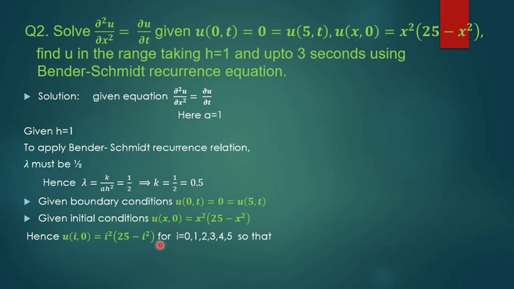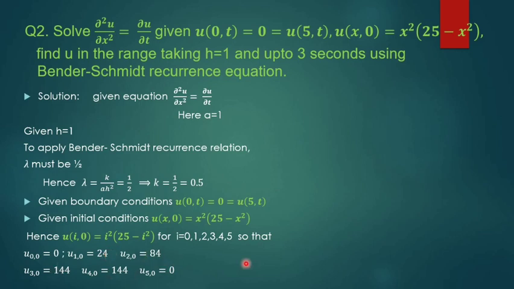So u of i comma 0 will be i square into 25 minus i square. Hence u of i comma 0 is equal to i square into 25 minus i square for i value ranging from 0 to 5. So the initial values of u are found to be these values.